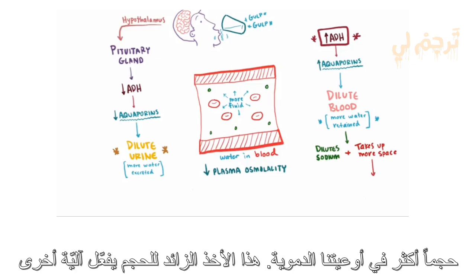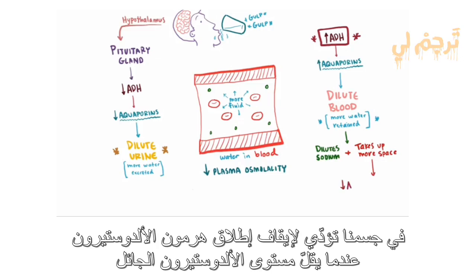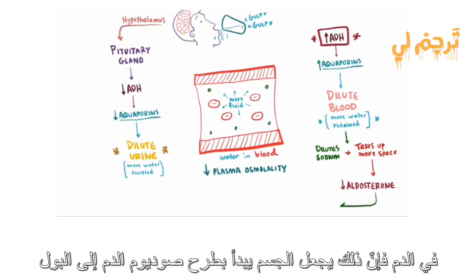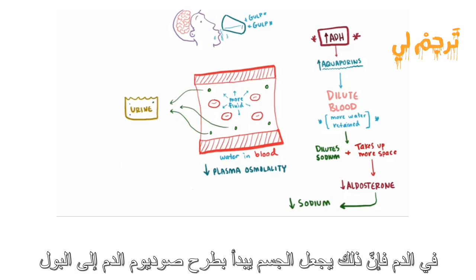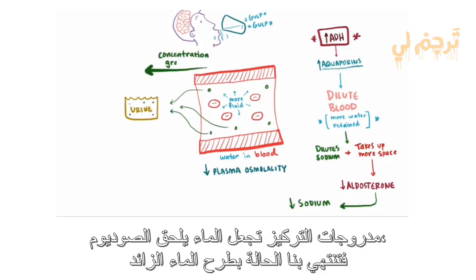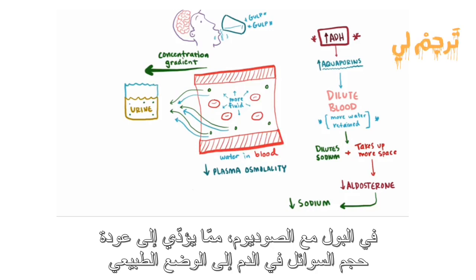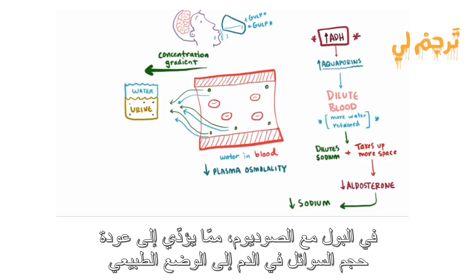The extra fluid also takes up more space in our blood vessels. And this taking up of more space triggers another mechanism in our body that causes the hormone aldosterone to stop being released. Less aldosterone floating around in the blood causes the body to start dumping sodium from the blood into the urine. Concentration gradients cause water to follow sodium, so we end up with excess water being excreted in the urine with the sodium, which normalizes the fluid volume in the blood.